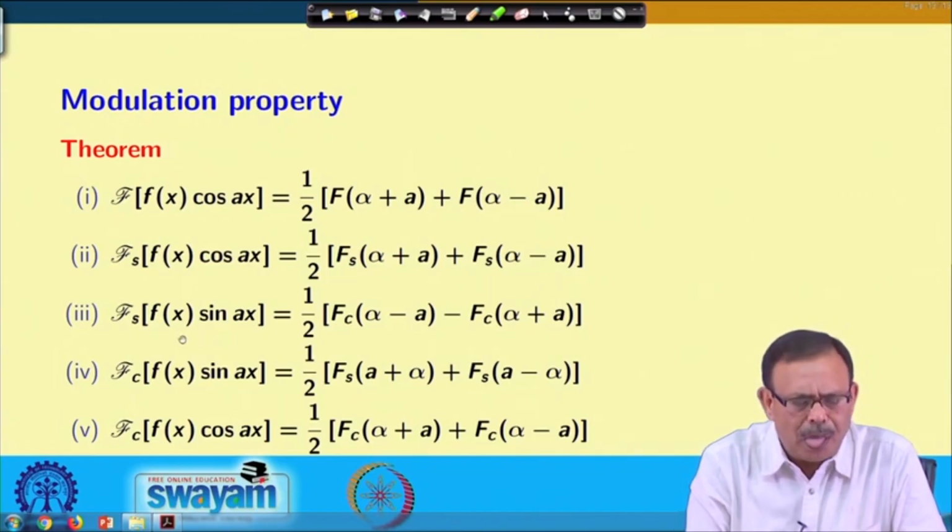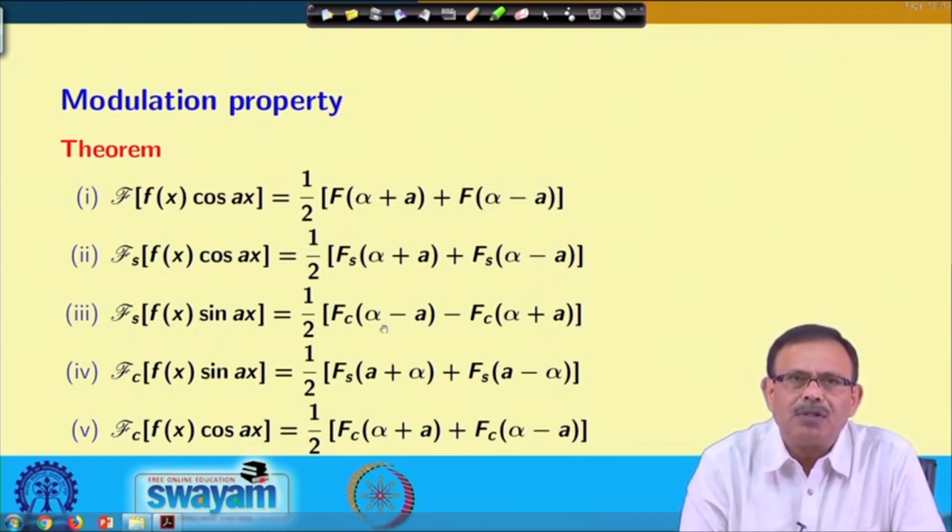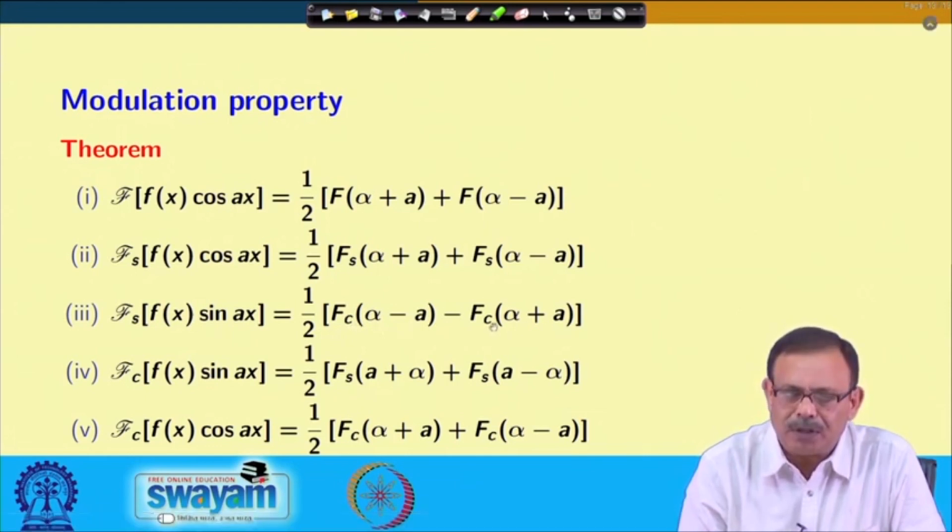Then Fourier sine transform of f x sin a x will be equal to, you see the change here, half of Fourier cosine transform of alpha minus a minus Fourier cosine transform of alpha plus a, just the opposite one. Similarly, Fourier cosine transform of f x sin a x equals half of Fourier sine transform of a plus alpha plus Fourier sine transform of a minus alpha.